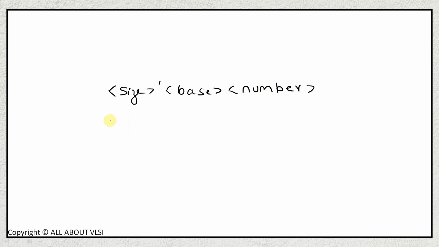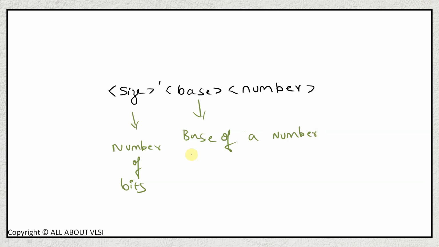So this size stands for the number of bits, and this base is nothing but the base of the number. For example, if we have binary numbers, we represent them with small b.